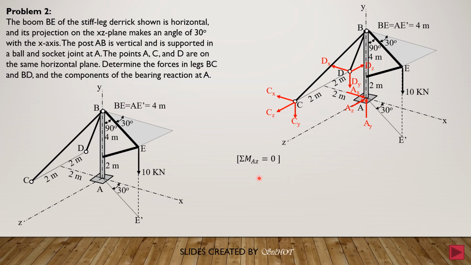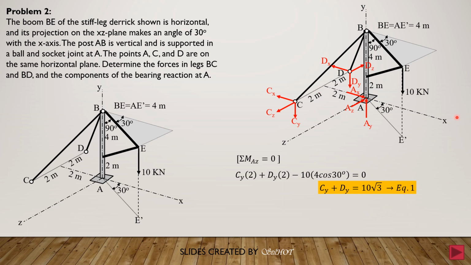Summation of moment about AZ equals 0. By right hand rule, we have CY times 2 plus DY times 2 minus 10 times 4 cosine 30 equals 0. Simplifying, CY plus DY equals 10 square root of 3, call that equation 1.